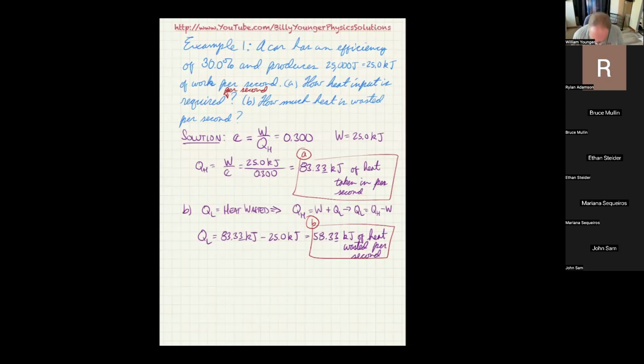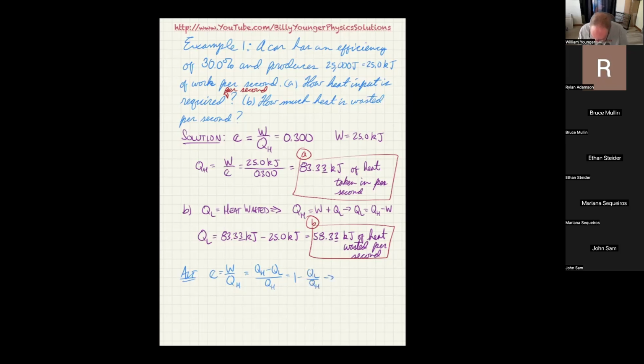Now, there's other ways you could have done it. For instance, you could have said, I'll just write this as alternative. We could have said E is equal to W over QH, which would also allow us to say W is, of course, QH minus QL over QH, which equals 1 minus QL over QH.